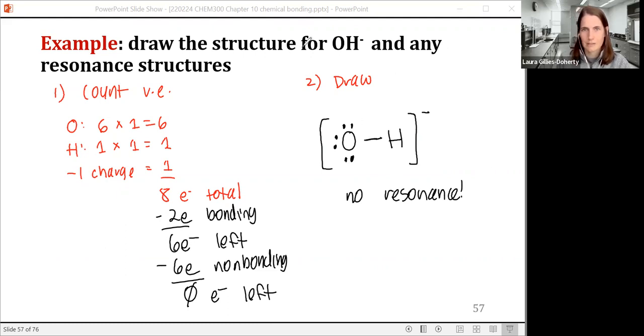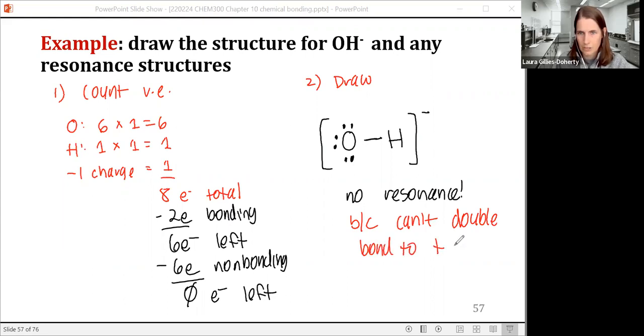So we can't have a double bond to H. Hydrogen is filled up with 2 electrons. So we can't take 2 electrons from here and make a resonance structure. It's impossible. Hydrogen can't fit that many, so it wouldn't be an equivalent structure.